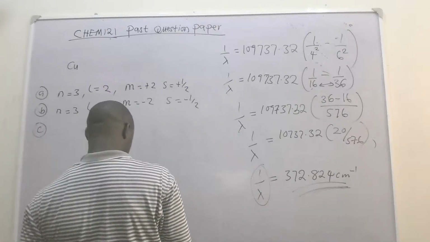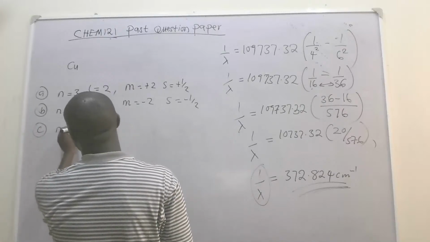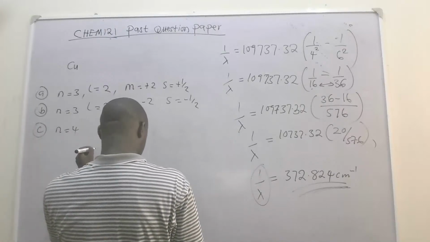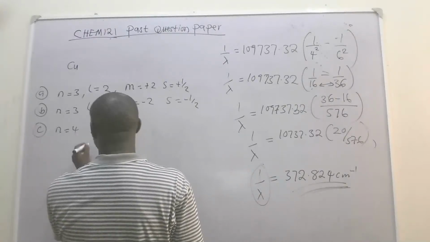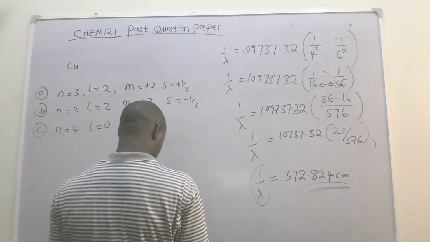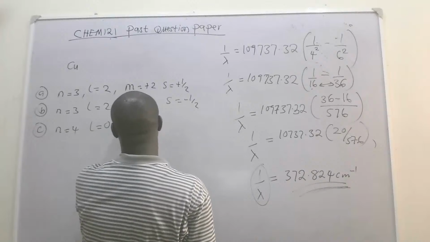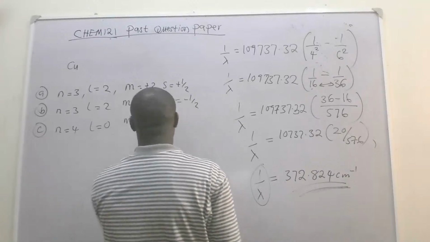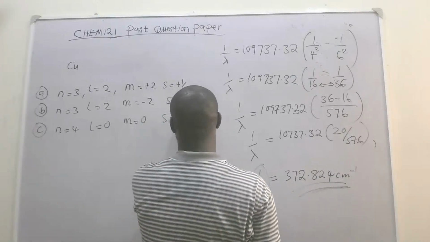Option C, we have n equals 4, l equals 0, m equals 0, s equals plus half.